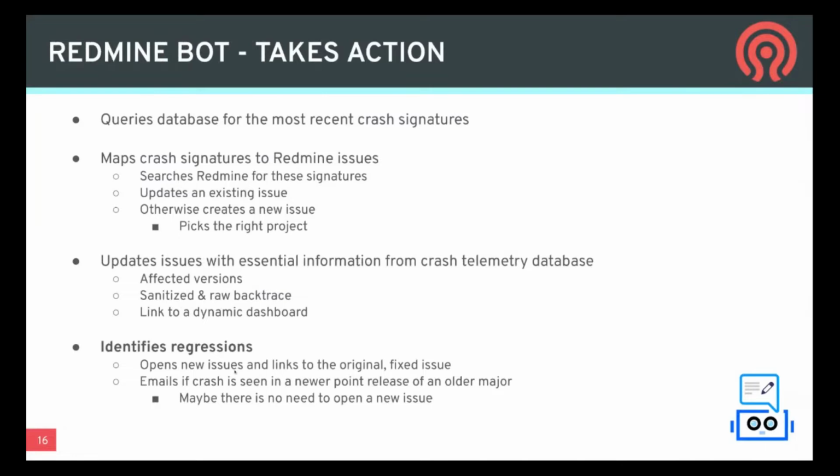The bot will open a new issue, and it will link it to the original issue, which is allegedly fixed. And then in case the same thing happens, but on an older major release, but with a newer minor, we'll just send an email about it, because it might not be a real issue, and we don't want to spam developers too much.